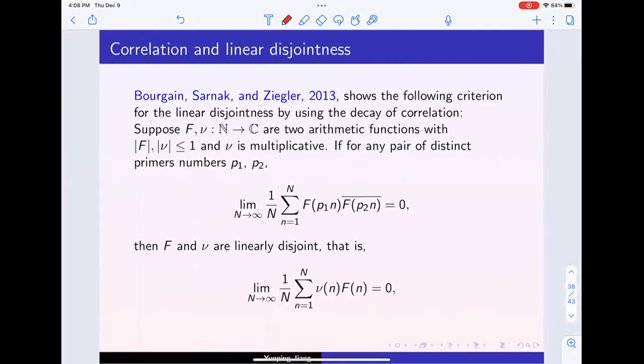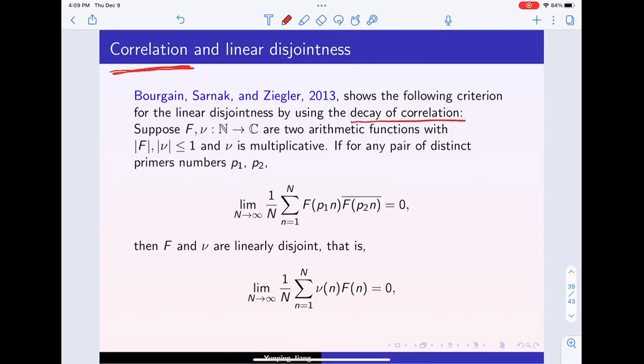Now there's another very interesting thing, the so-called correlation. In dynamical systems, correlation means two things we correlate together, and eventually it goes down to 0. That's called the decay of correlation.